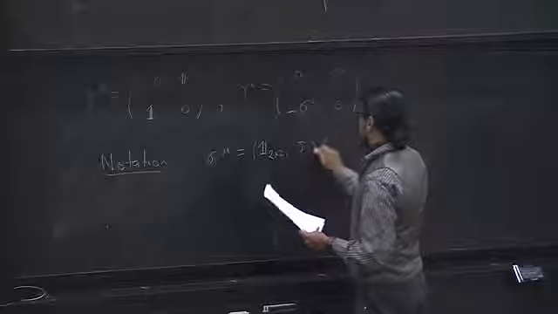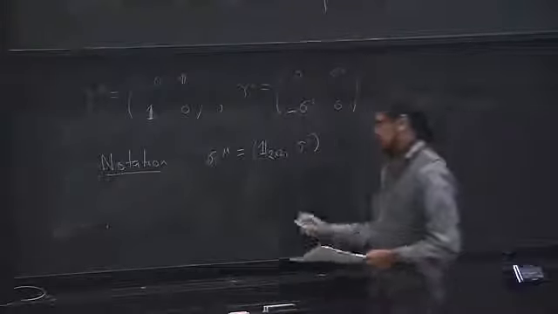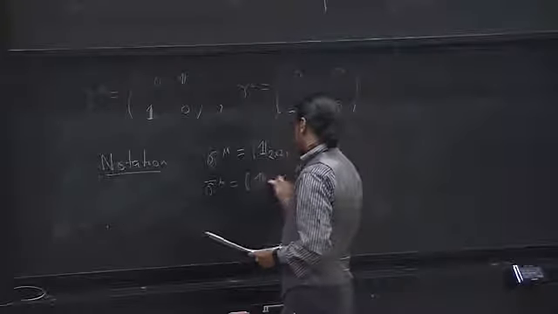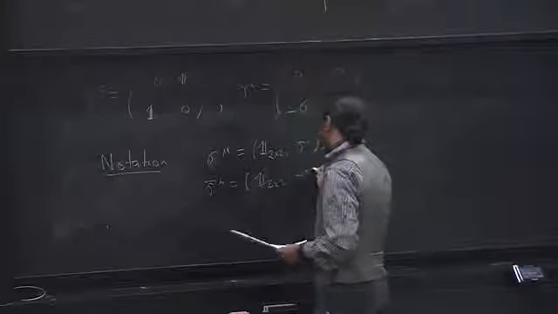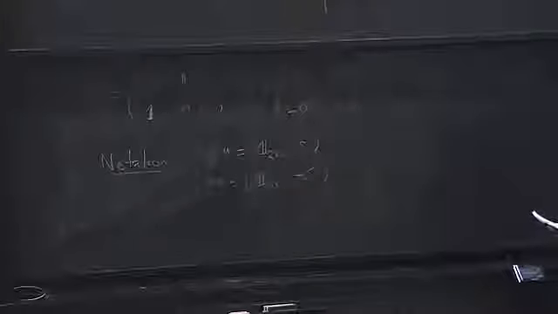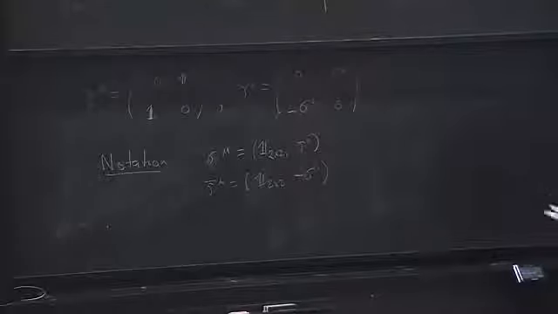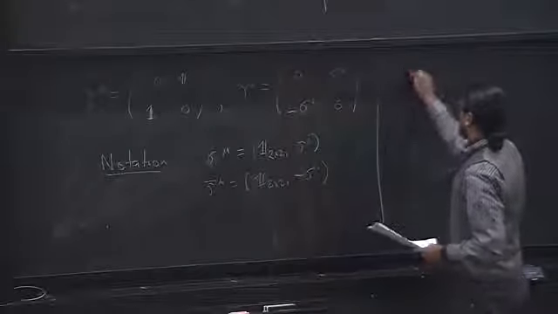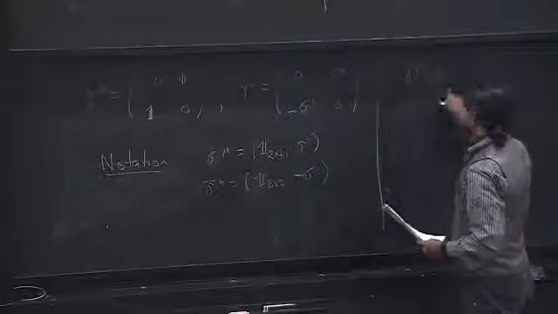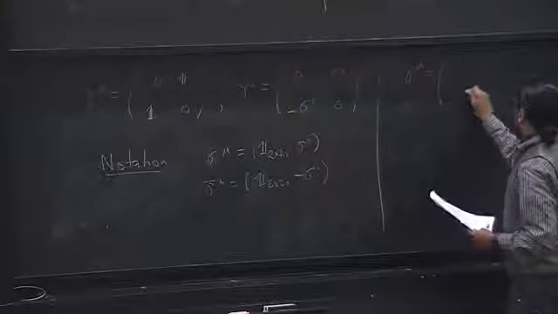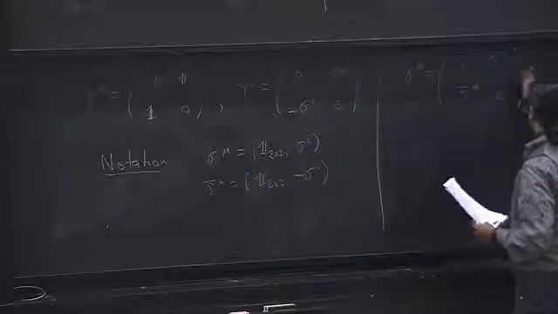The other 3 components are just the 3 Pauli matrices. And then sigma bar of mu is the same, but there's a minus sign here. So that's a notation. Okay, so in this notation, we can express all 4 gamma matrices in this form.